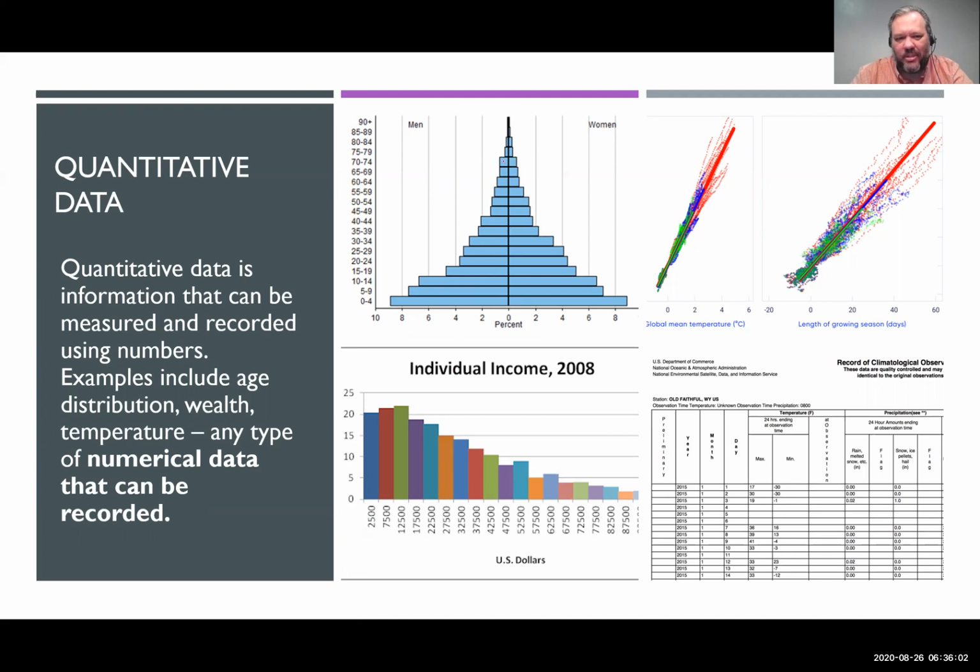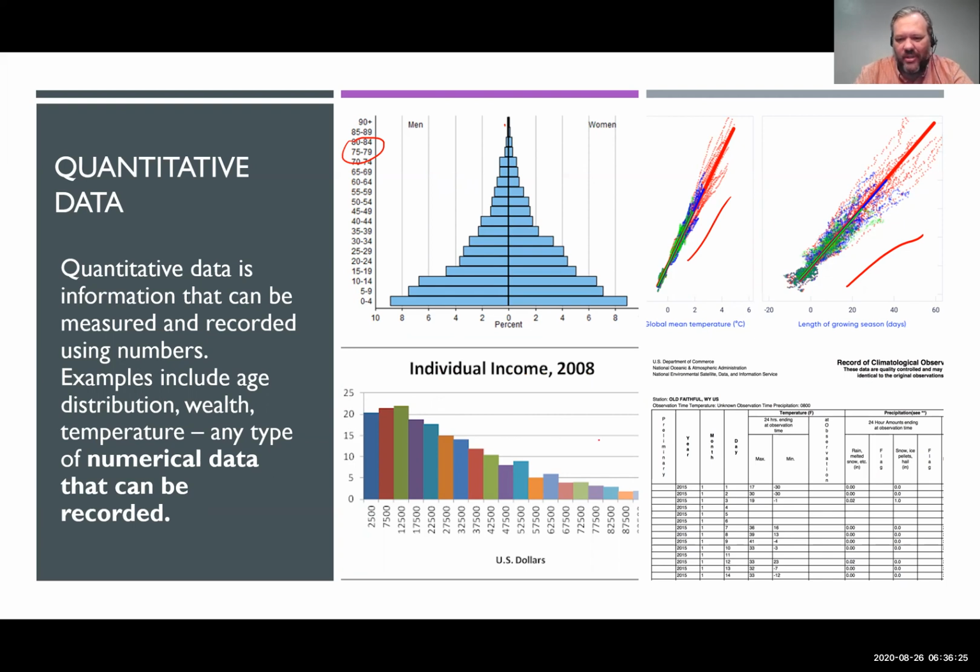This is a population pyramid, and so this is telling us the percentage of population broken down by age group. Over here, this is global mean temperature in centigrade, length of growing season. Again, all these are things that can be measured and numbered. All right, individual income in 2008.